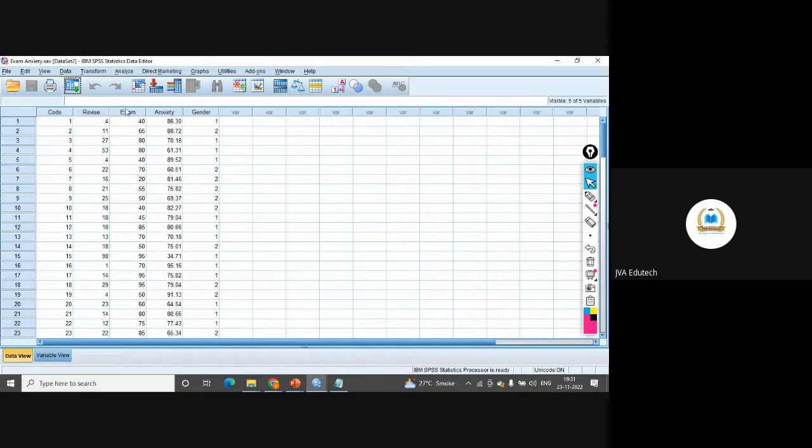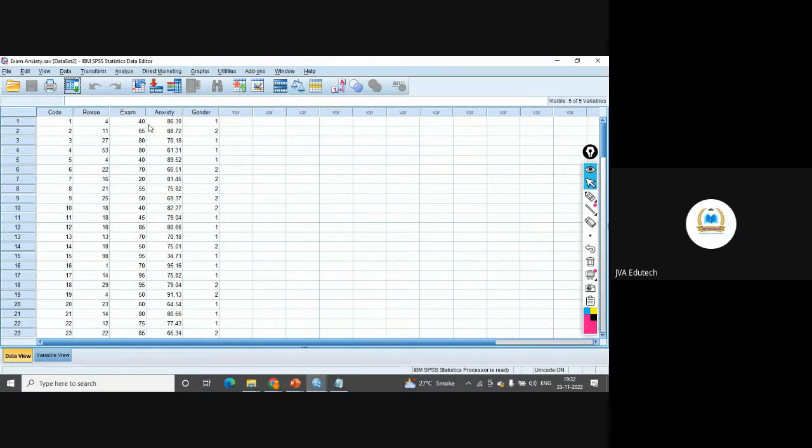So all these three variables, because this is the time spent revising, which is interval in nature, exam score, which is absolute values, their anxiety score, absolute values. So all these three are our metric variables.